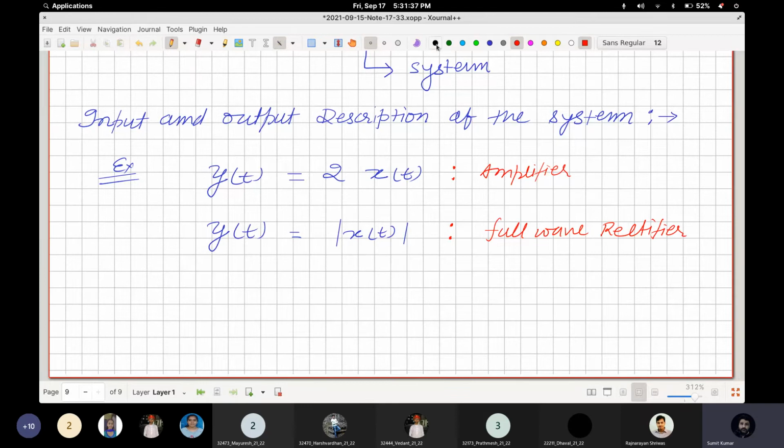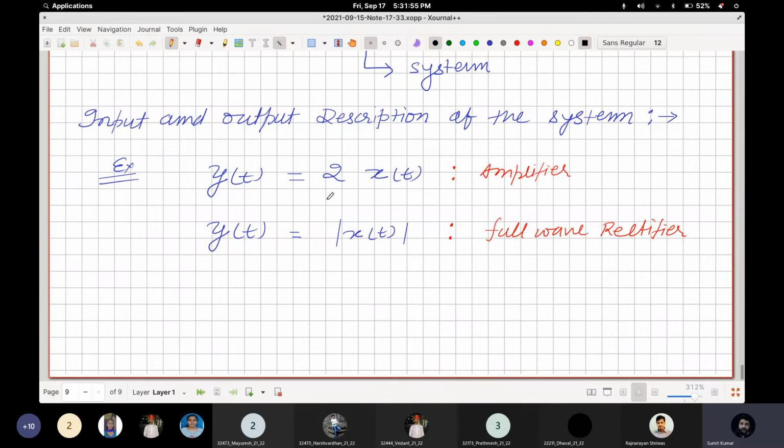So as you see, it is a kind of abstraction of the system, because this can be a mechanical amplifier, isn't it? It can be an electrical amplifier or it can be a mechanical amplifier. Are you getting my point?